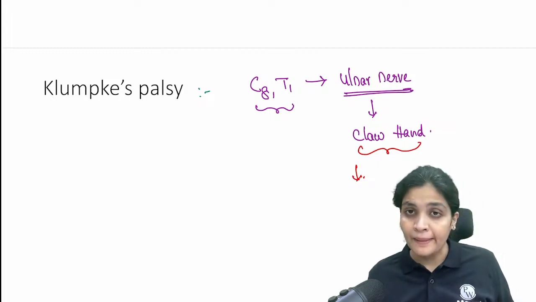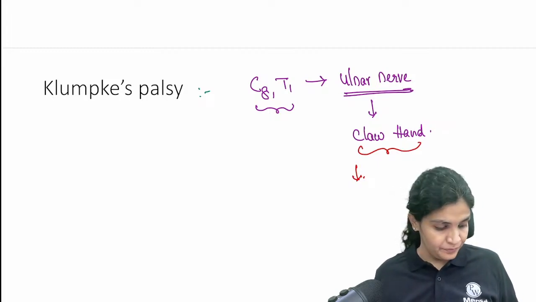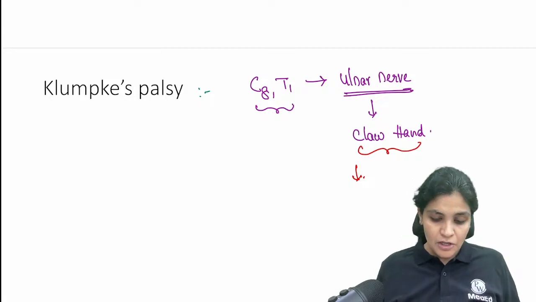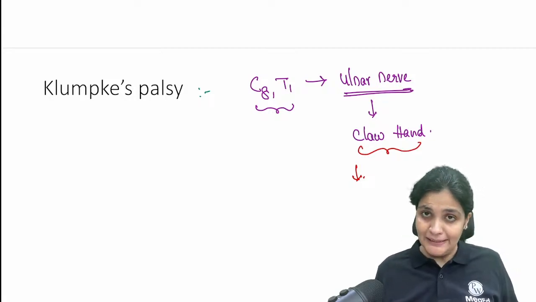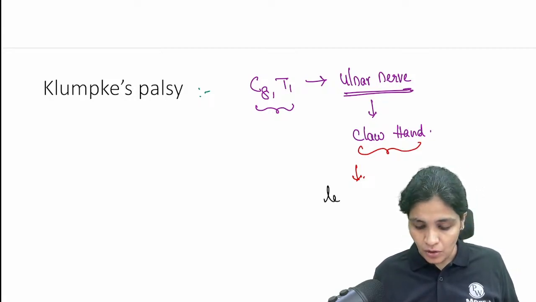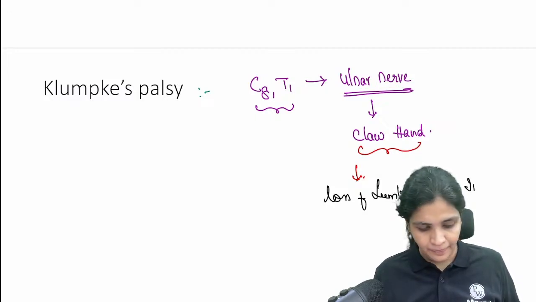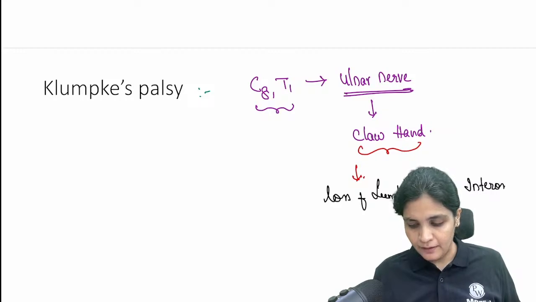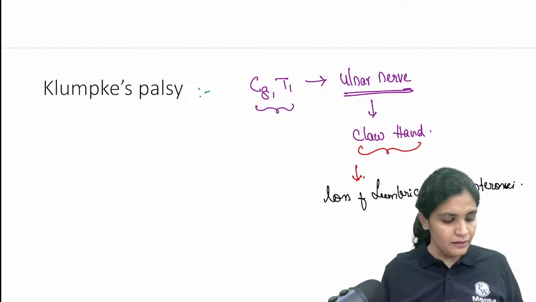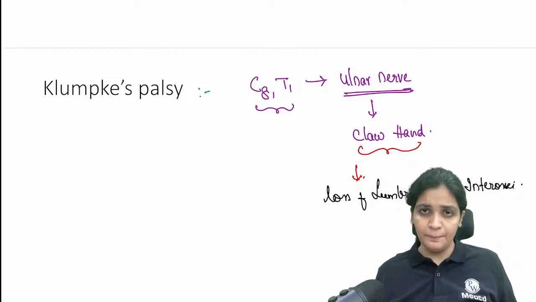Yes? What is clawing? So this clawing is basically because of loss of lumbricals and interossei. Yes, DIP flexion, PIP.